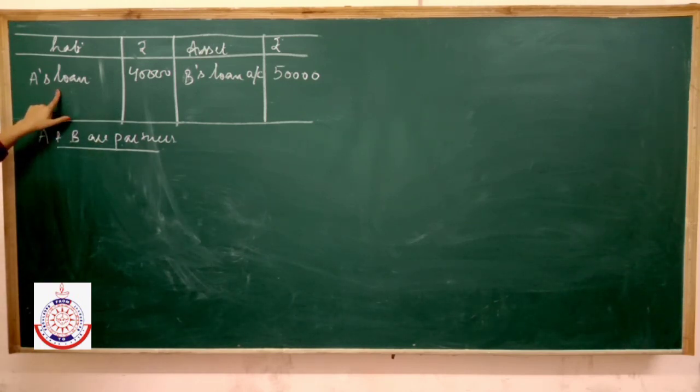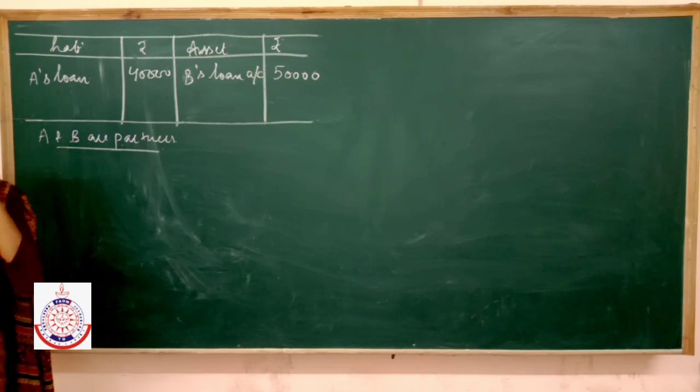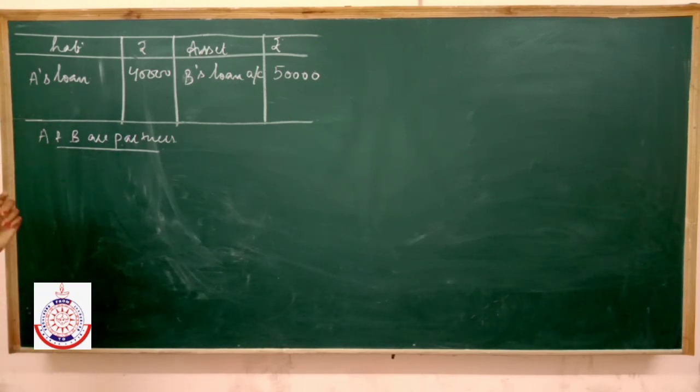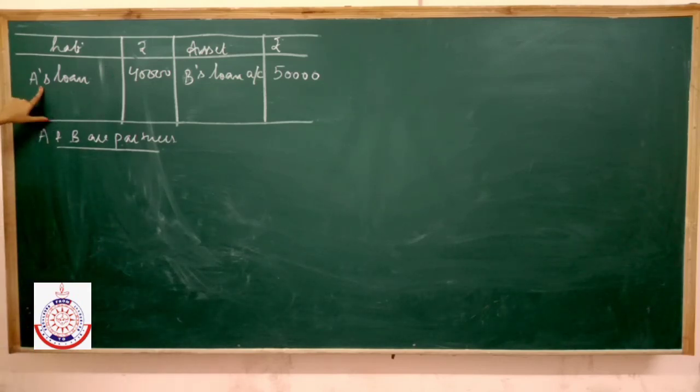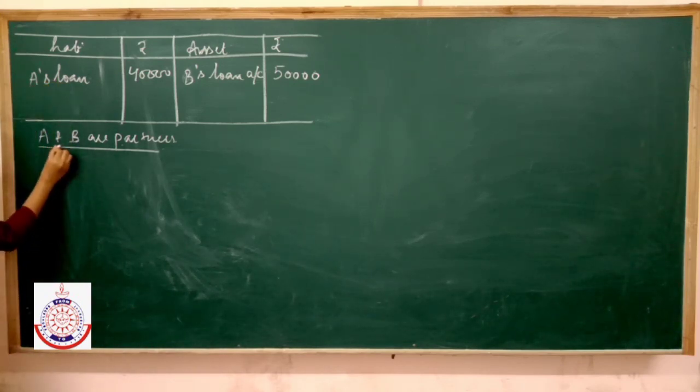If the loan is on the liability side of the balance sheet, it means that the partner has given loan to the firm, and we are making here firm's accounts only. That's why the loan which is given by a partner to a firm is a liability. Got it? But it is not an outside liability because A is a partner.